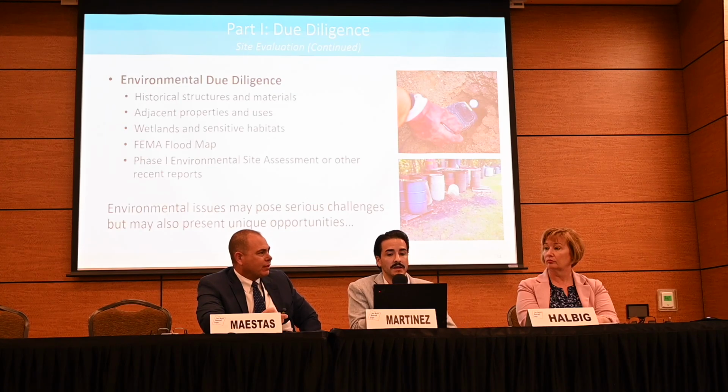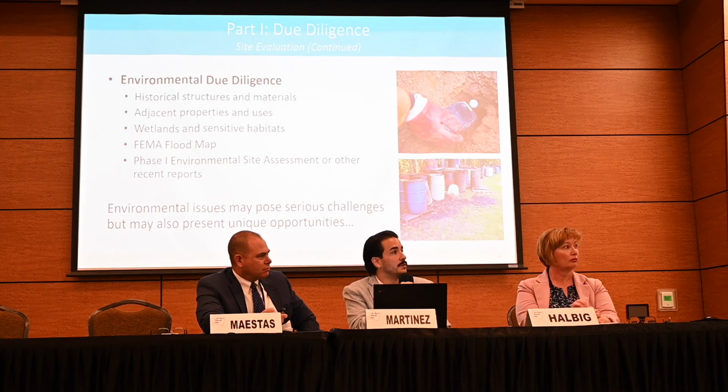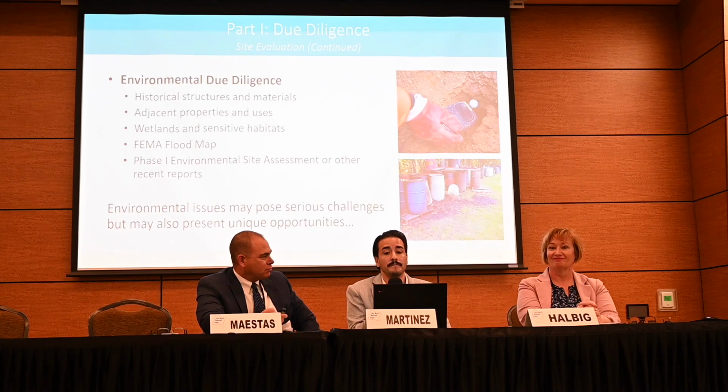And in reality, most of this information is going to be uncovered from what's called a Phase 1 environmental assessment, which a certified firm will be hired by the developer to perform. And typically, MFA is going to require a Phase 1 for any financing that goes into a project.